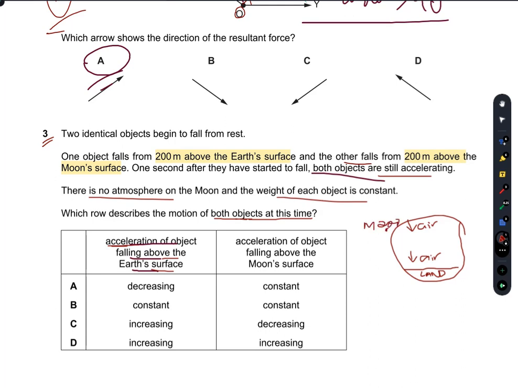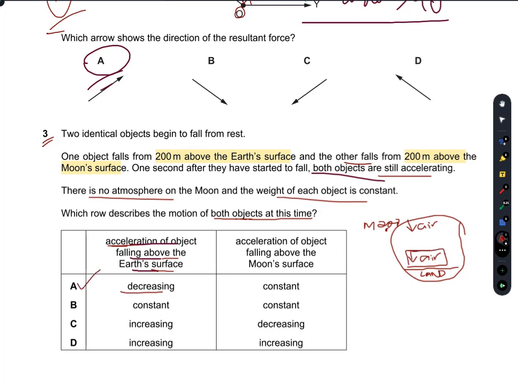But as it starts to get close to the Earth's surface, its acceleration would decrease because the air resistance plays a huge role here in slowing this object.